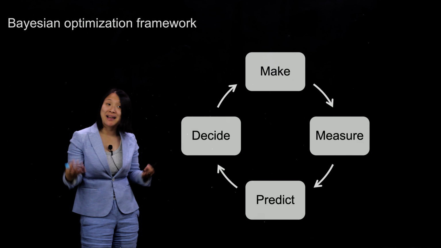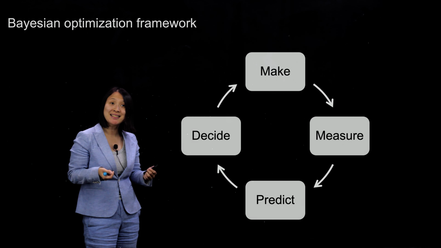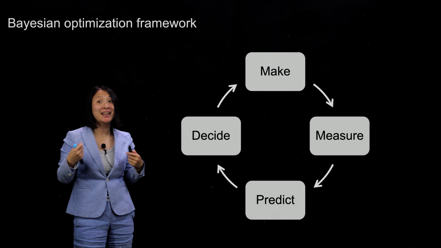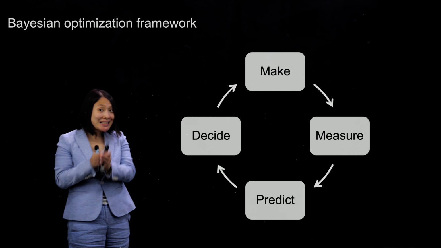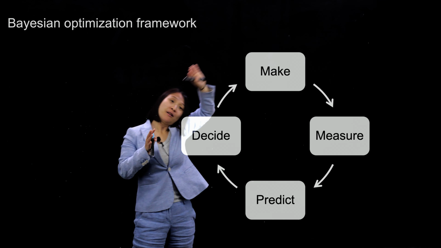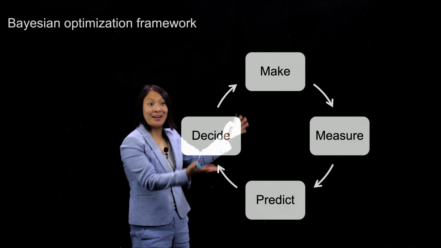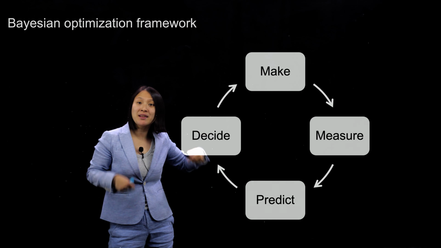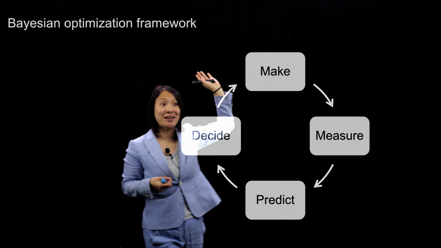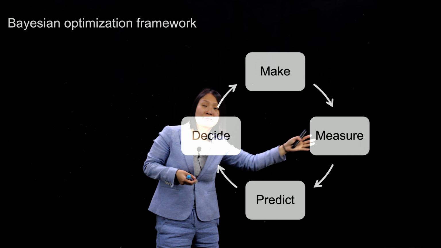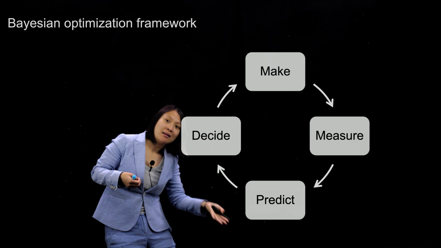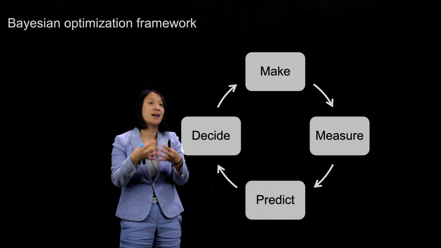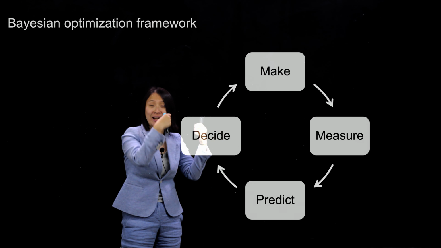Out of the many closed-loop optimization strategies, Bayesian optimization is definitely among the most popular and widely used frameworks. In a Bayesian optimization framework, we follow a cycle like the one shown on this slide. We make some samples and conduct experiments to measure their properties. That gives us the input and then the output. Using this data, we build a surrogate model, a representation of the true function that describes the input and output relationships.